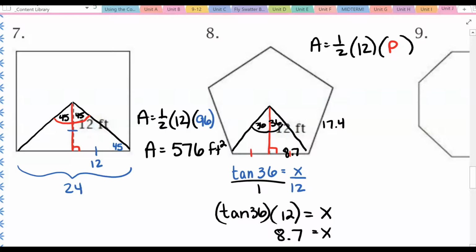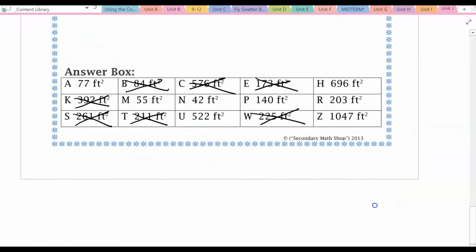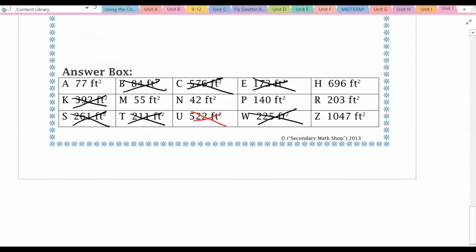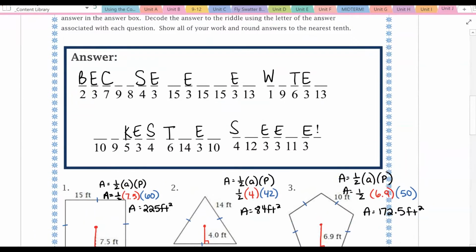There are 5 sides worth approximately 17.4, so we have a perimeter of approximately 87. So 87 times our apothem of 12 times a half gives an area of 522 feet squared. 522 is U. So wherever we see an 8, we put a U.